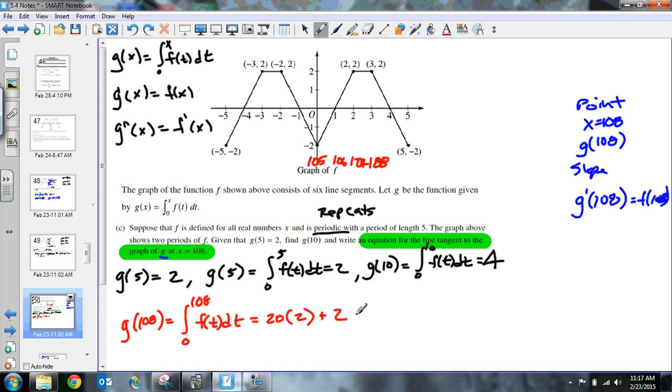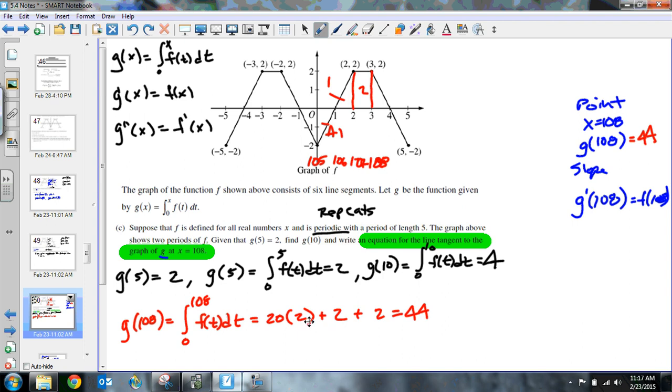And then I would have to add another one, because I want to find up to 108, which is the same thing as going up to 3. This has an area of -1, this has an area of 1, so those cancel out, and I have another area of 2, so I'm going to add an extra 2 to that. So I end up getting 40 plus 2 plus 2, which gives me 44. So I get a y value here of 44.